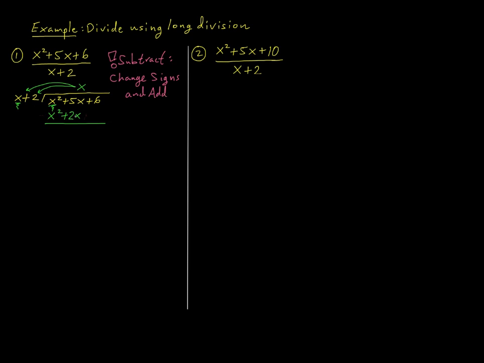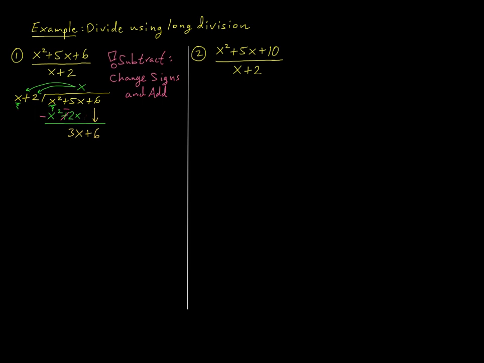So if I change the signs, making the x squared a negative and the positive 2x a negative 2x, and then add, I really am subtracting. And the nice thing about doing it this way is it's going to lead to fewer sign errors. So x squared plus a negative x squared cancel out, as they should. And then I have 5x plus a negative 2x, which is 3x. Then we carry down the 6.